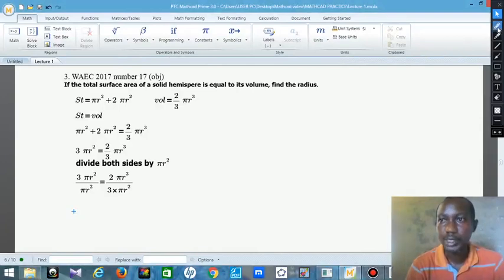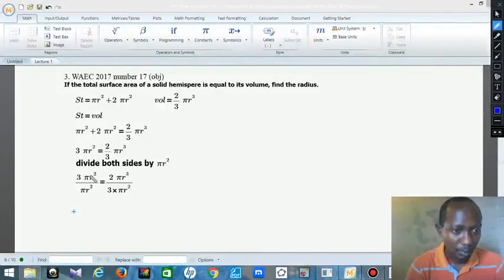The next thing is we need to cancel out. So this pi cancels out this pi. Then r square, we divide r square. Then on this side, pi cancels out pi. Then r square cancels out r square, leaving r alone. So r will be left alone here.